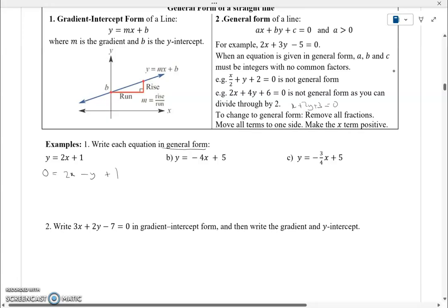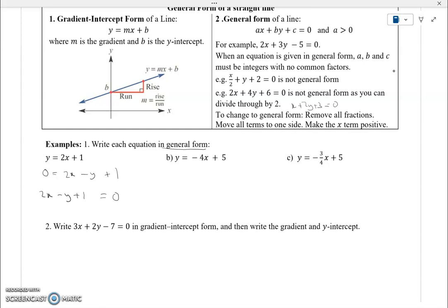Note I put the x term first, then the y term, then the constant. I'm just going to rewrite that so that all the non-zero terms are on the left side. I check no fractions, yep, and no common factor. It's fully simplified, so that's in general form.